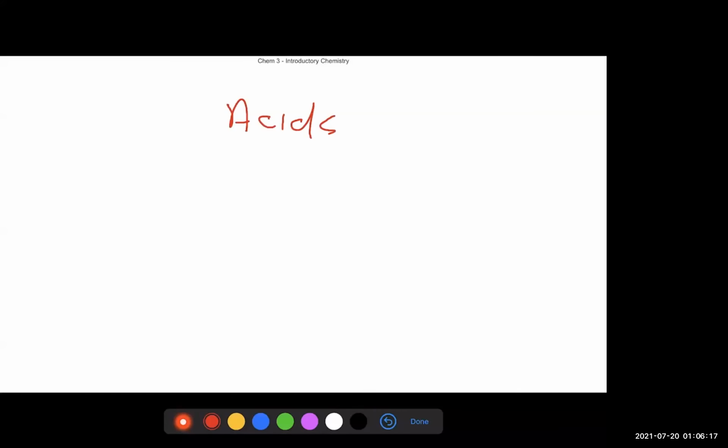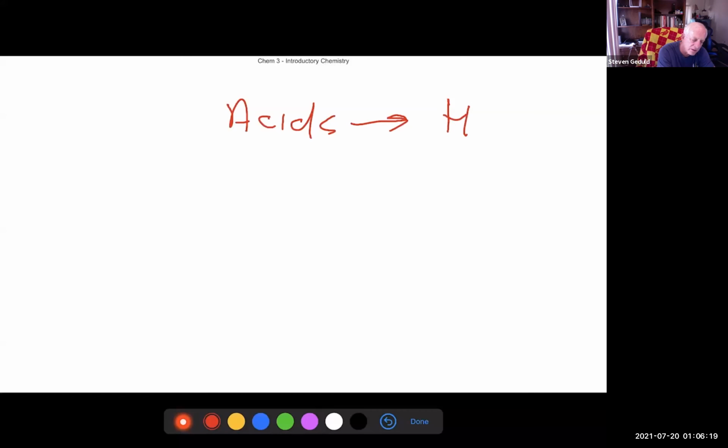All right, so we're doing acids and bases. There are different ways to define acids and bases. One way is the Arrhenius definition. There's Arrhenius and then the Brønsted-Lowry definition. Arrhenius acids give off or produce H+. Bases give off or produce OH-.